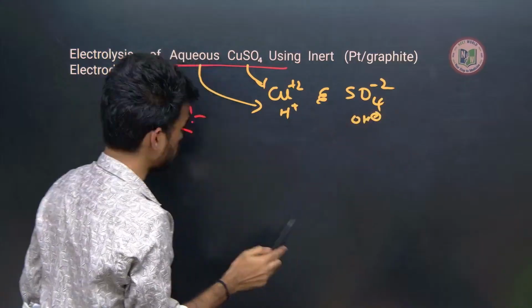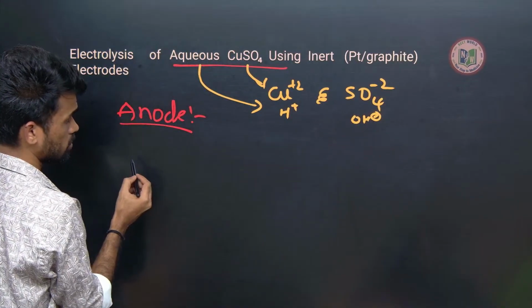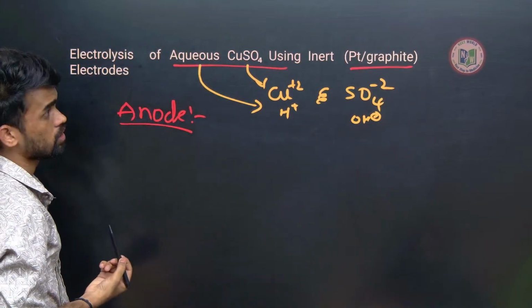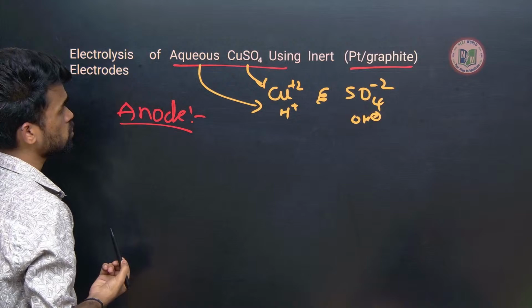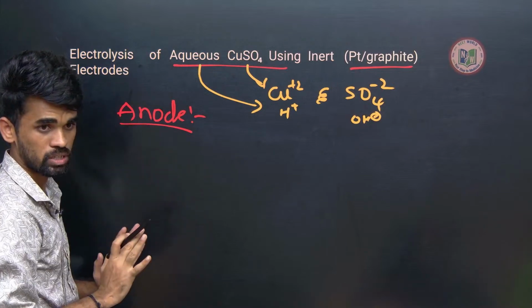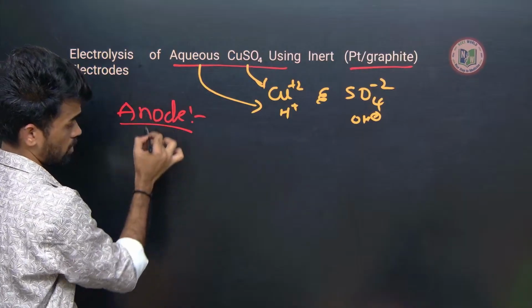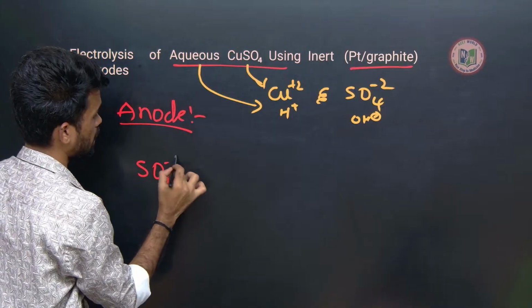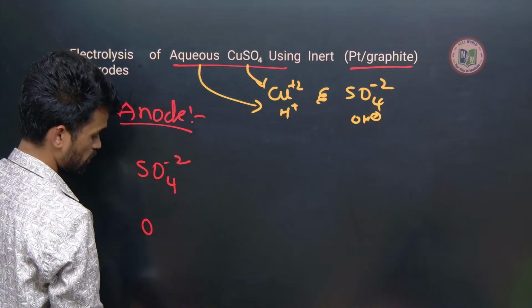So at the anode what should I write? What is the electrode used here? Inert electrode. Inert electrode won't participate in the reaction, it just acts as an electrode itself, right? So what are the ions here? Anode means anions: sulfate ion, and OH ion from water.